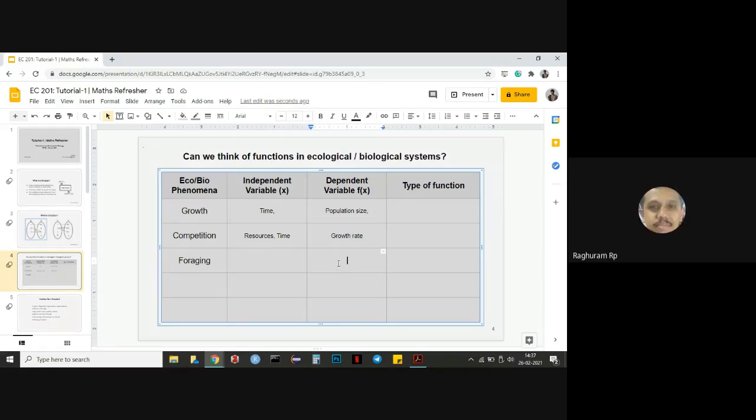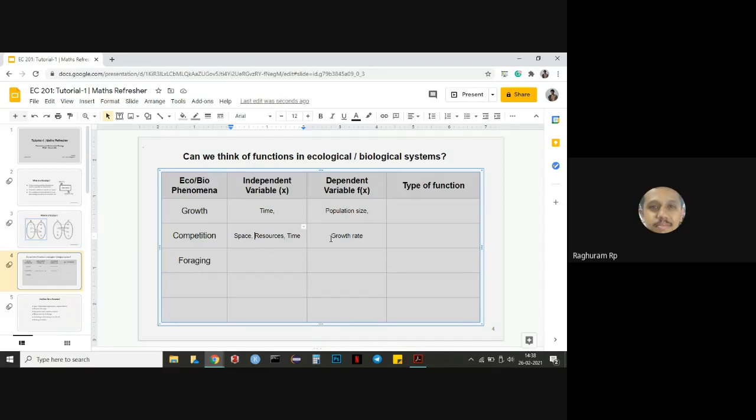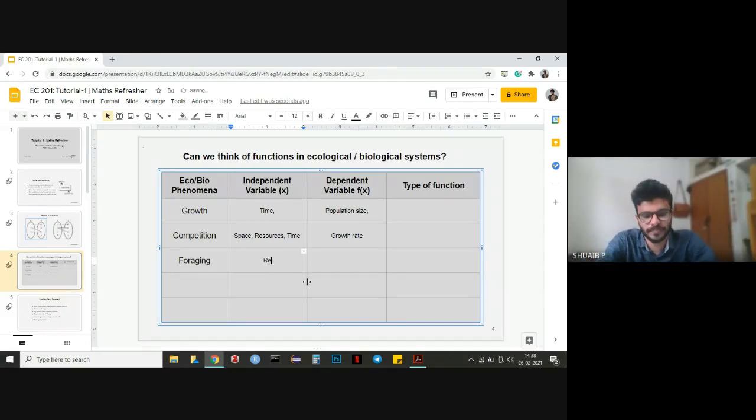Availability of space also can be something dependent on resource. Foraging, resources again for foraging also would be. Resources could be an independent variable.